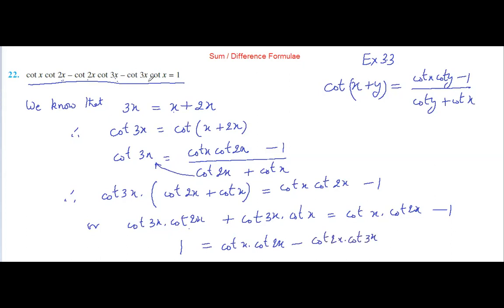Then we need cot 3x into cot x. This term with change of sign will come here: minus cot 3x cot x. Hence proved, because the thing which we wanted to prove is equivalent. If 1 is equal to this right hand side, then we can write it on the left, and that is equal to 1. Okay, we can leave it here.